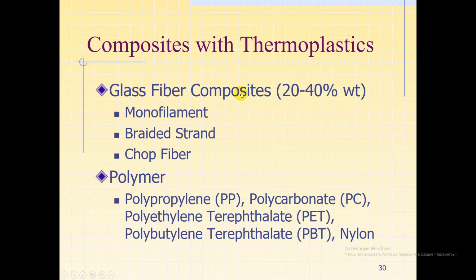Glass fiber composites, 40% weight. Monofilament, braided strand, and chopped fiber. Polymer can be polypropylene, polycarbonate, polyethylene terephthalate, polybutylene terephthalate, and nylon.